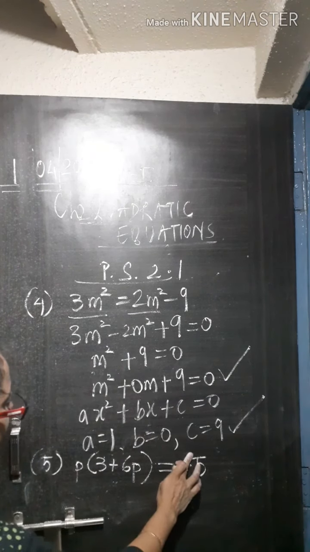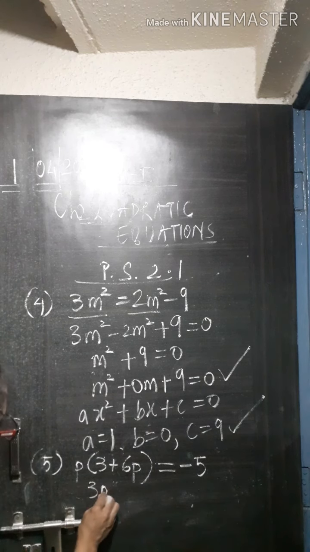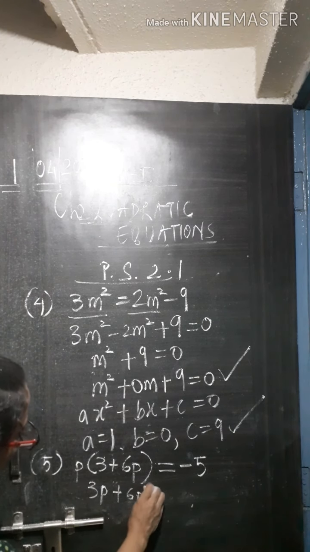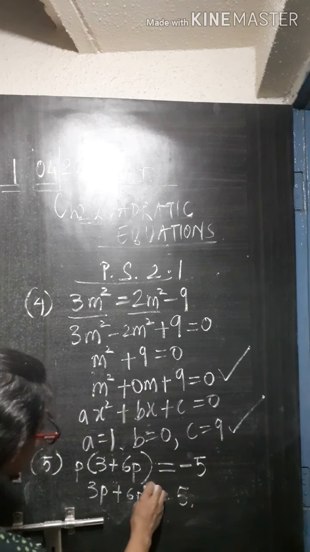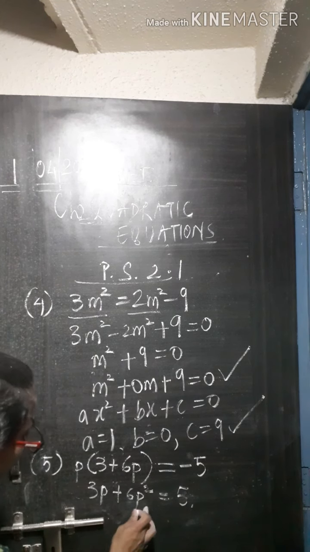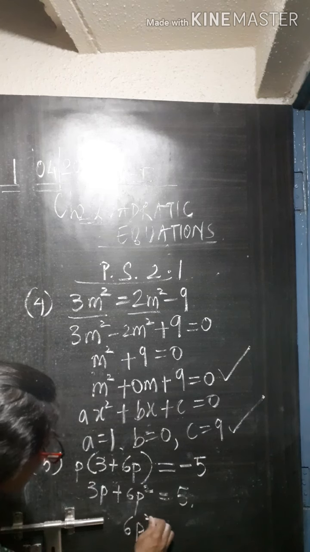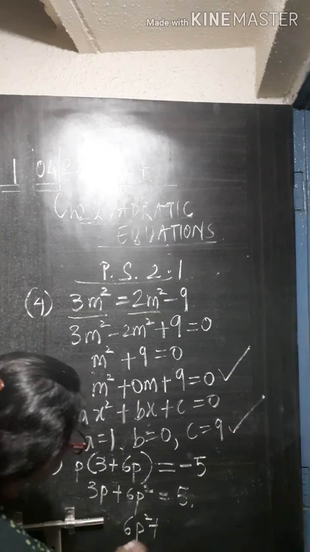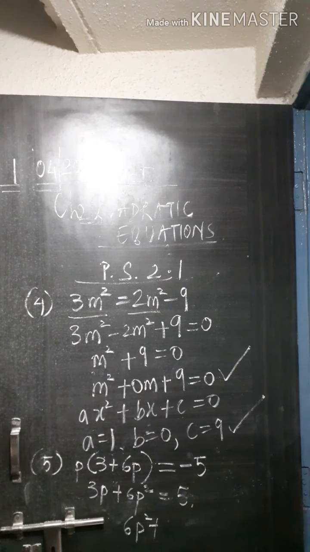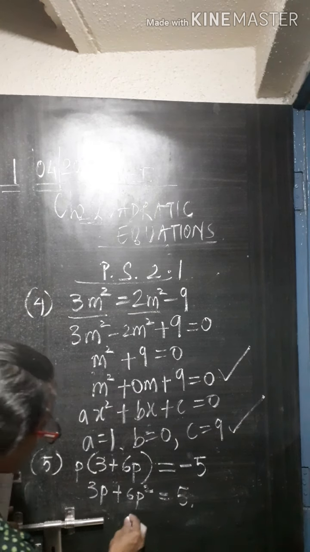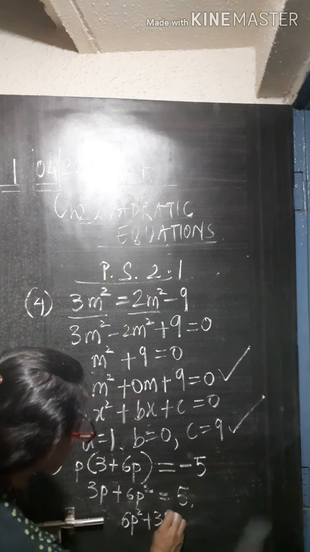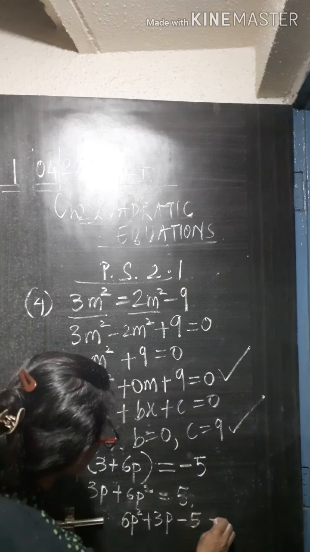If I open the bracket, what am I going to get? 3p + 6p into p will be 6p², that is equal to −5. If I rearrange them, 6p² + 3p − 5.